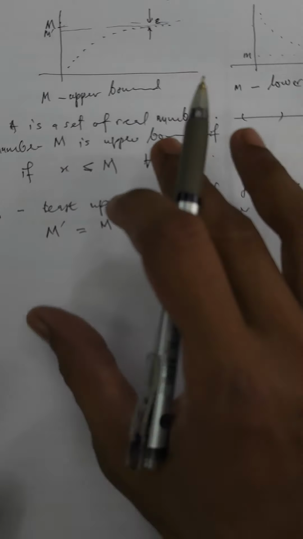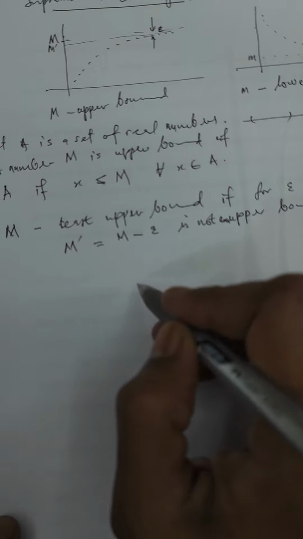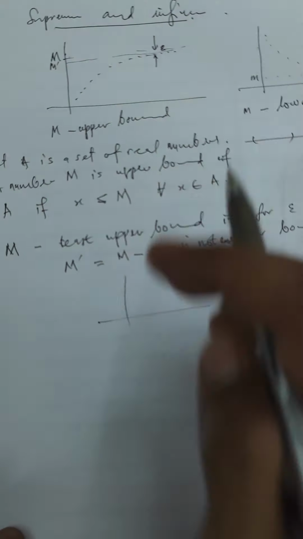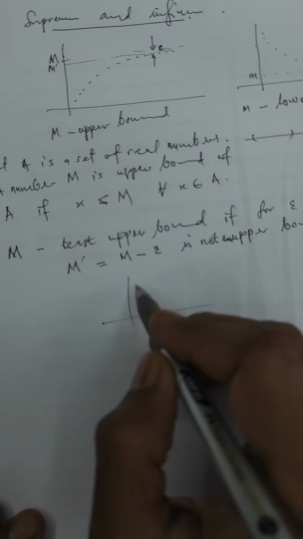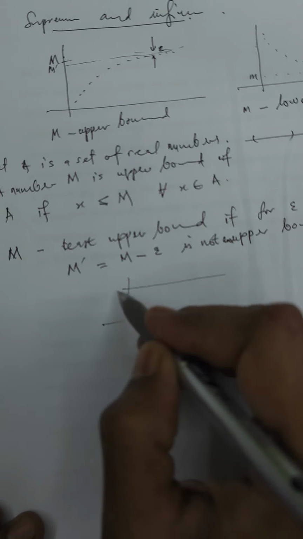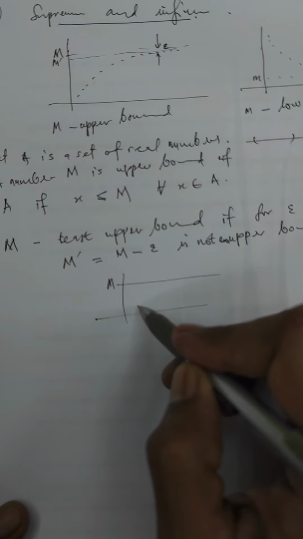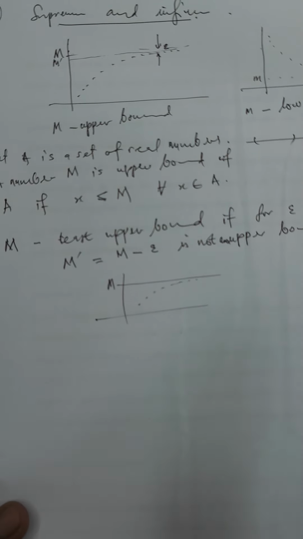Let me describe this part here. We have, let's say, this sequence, and I just try to magnify this part. Let's say our m here is the upper bound, where our sequence is somewhere like that.